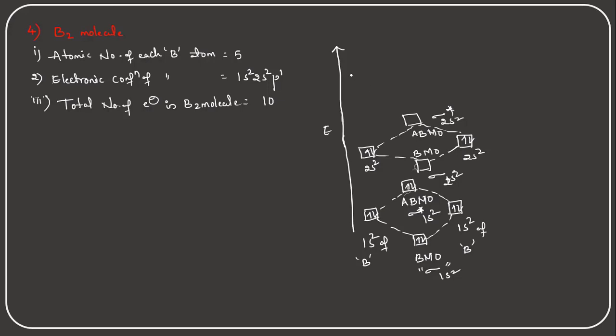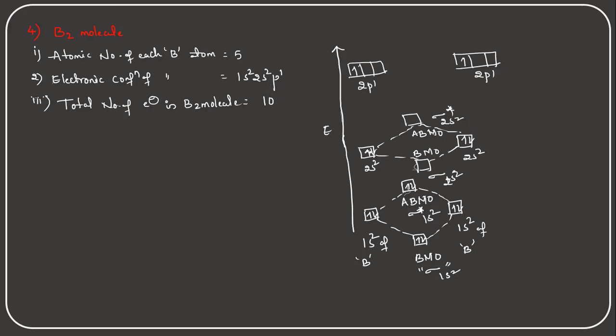So the next one is the p orbitals. The p orbital is 2p1, so one electron is present. This is the atomic electronic configuration of one boron atom, and on the right side, the electronic configuration of another boron atom, 1s2, 2s2, 2p1.